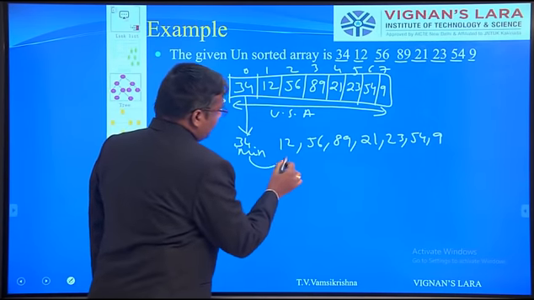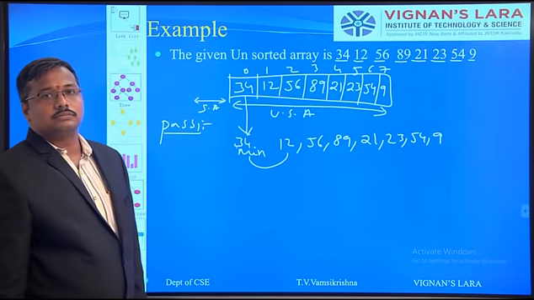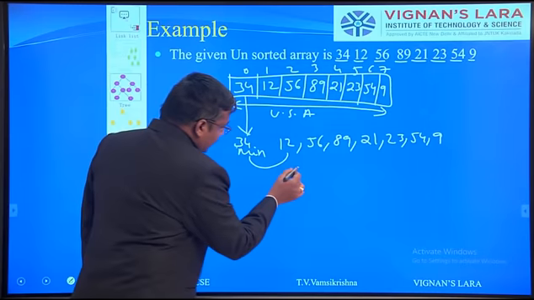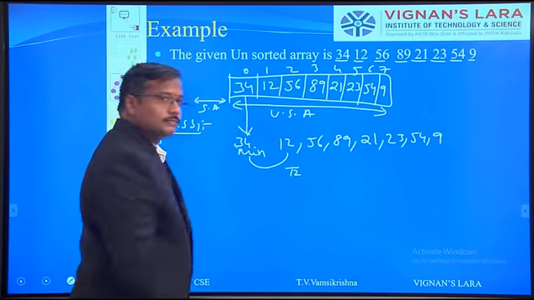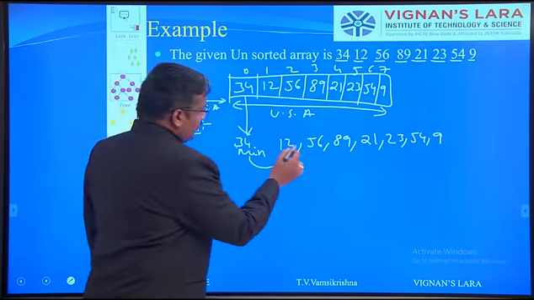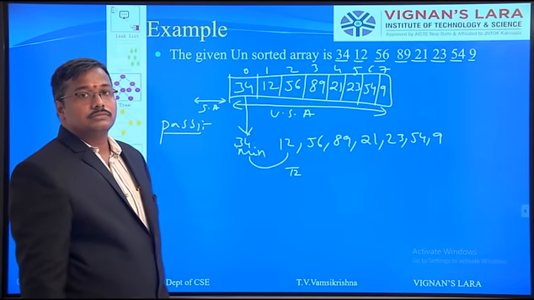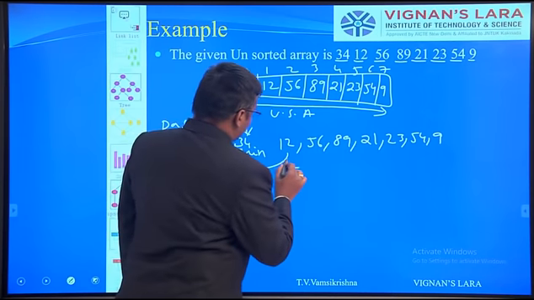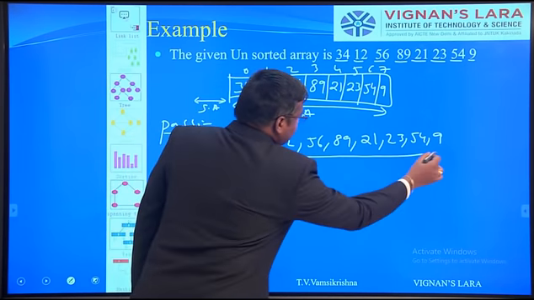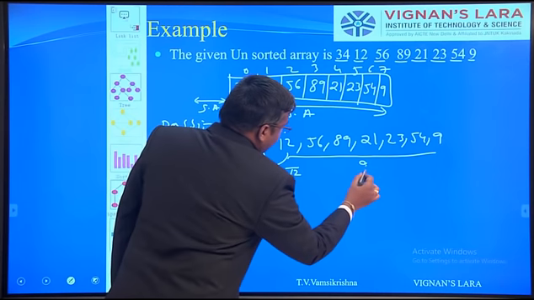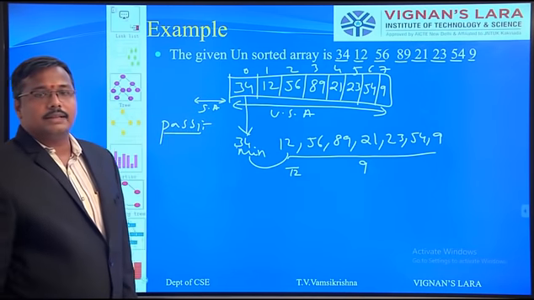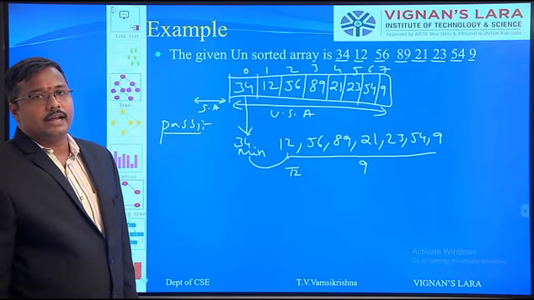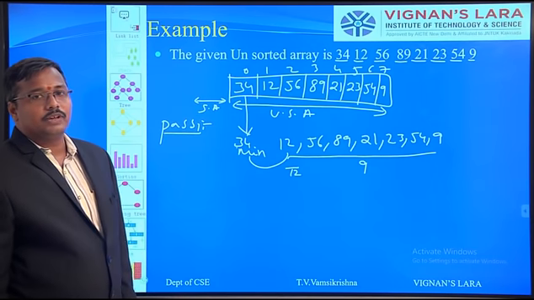First 34 is compared with 12. 12 is smaller, so the minimum is now 12. Next 34 is compared with 56. No. Next 34 and 89. Like that, in the rest of the part, we identify that the minimum element is 9.